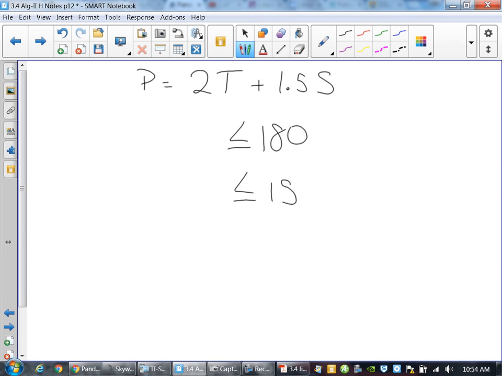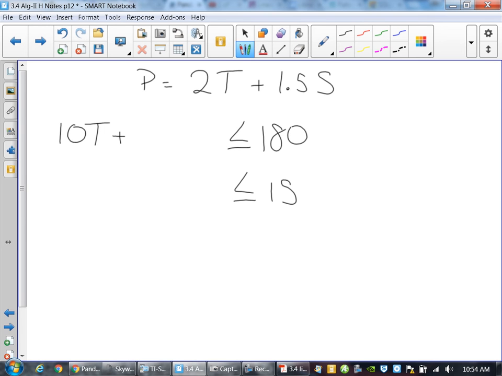So the tomato sauce uses how many tomatoes, and the salsa uses how many tomatoes? Let me rephrase that. The tomato sauce uses how many tomatoes according to the problem? 10.